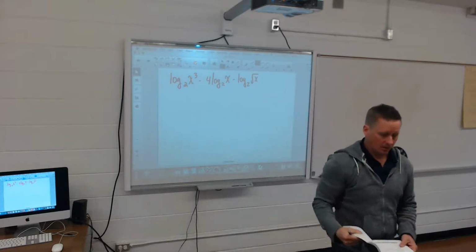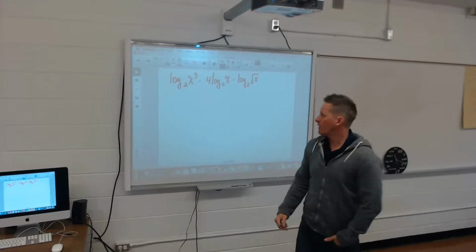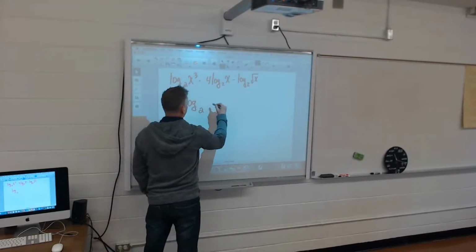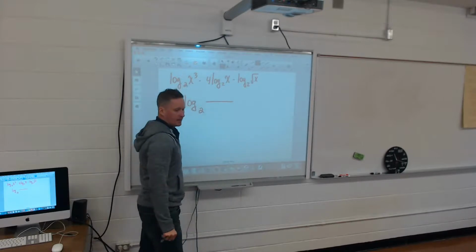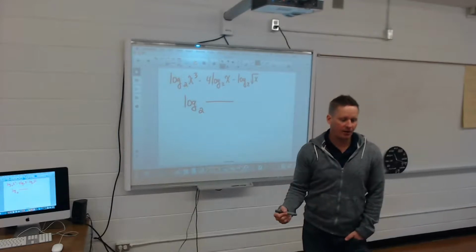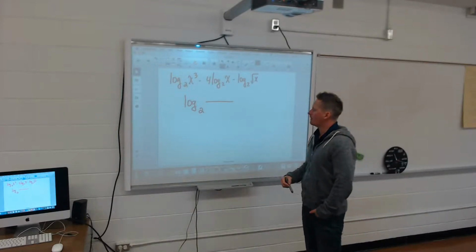So the easiest way to do this is I write log base 2 and I put a line. If it's a positive value, like if it's an adding, I'm going to put it on the top. If it's subtracting, I put it on the bottom.